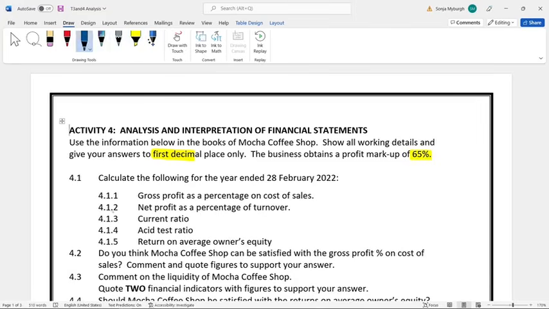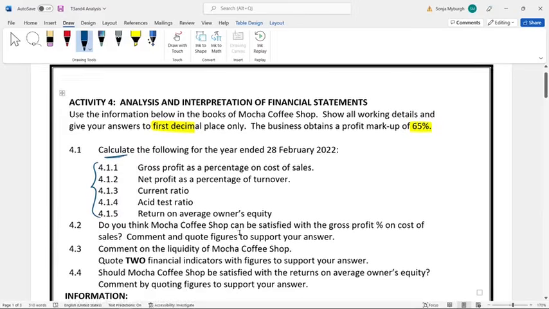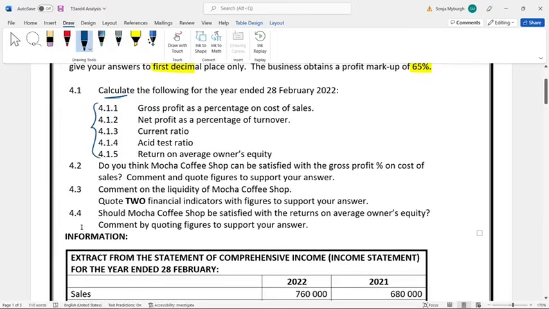We have to calculate. Now, this is non-negotiable. This must be full marks because it's only calculation. If you know your formulas, you know how to use your formula sheet, you know your formats, then that will always be full marks. And then they ask us some interpretation, 3 questions there.